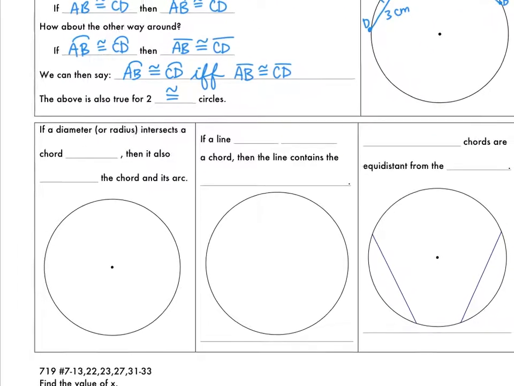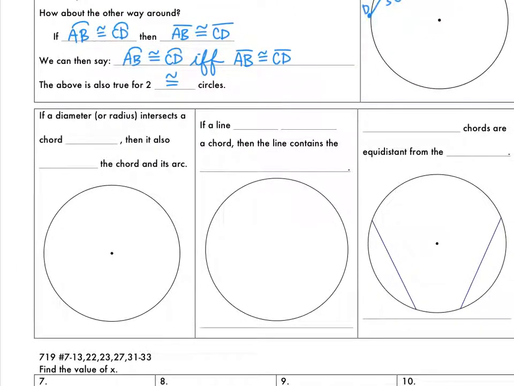If a diameter or radius intersects a chord perpendicularly, we're going to abbreviate a little bit here since there's not a lot of room, then it also bisects the chord and its arc. So it's a perpendicular bisector.